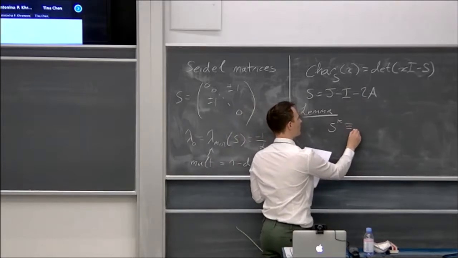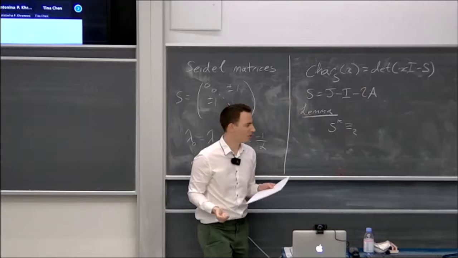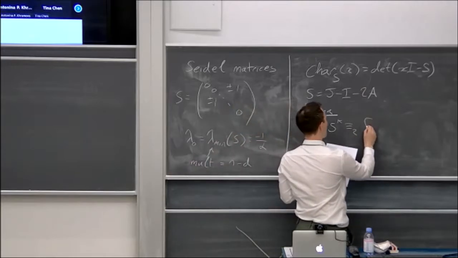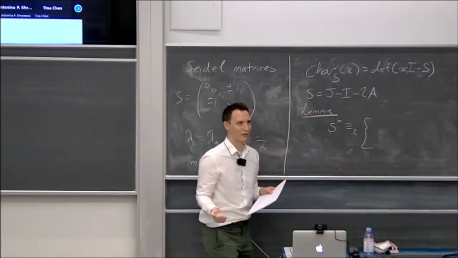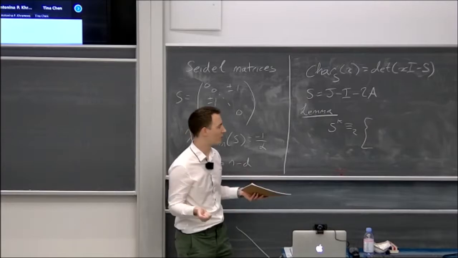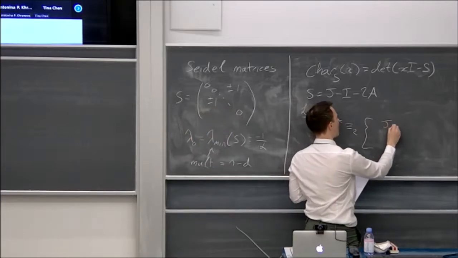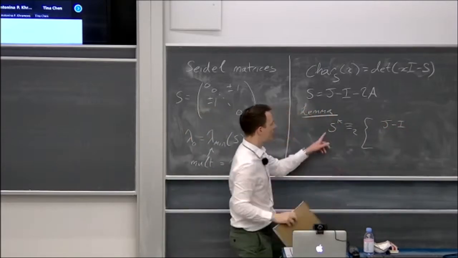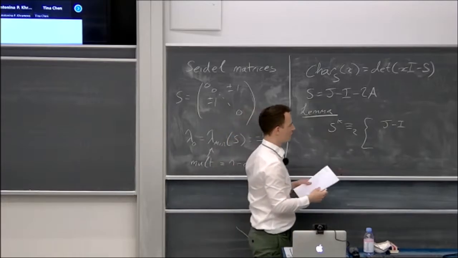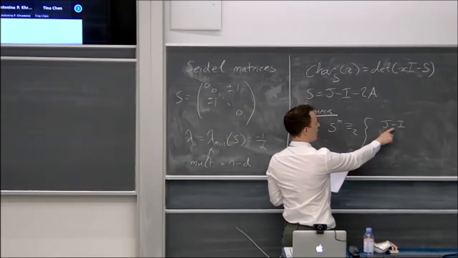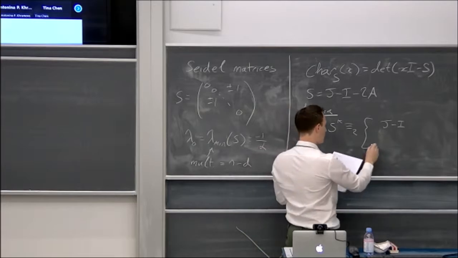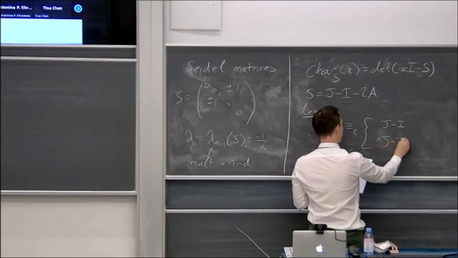If we take powers modulo 2, we pretty much just get what we would get if our Seidel matrix were the complete graph. So if I take the kth power of a Seidel matrix and reduce it modulo 2, I'll either get J minus I or n times J minus I.